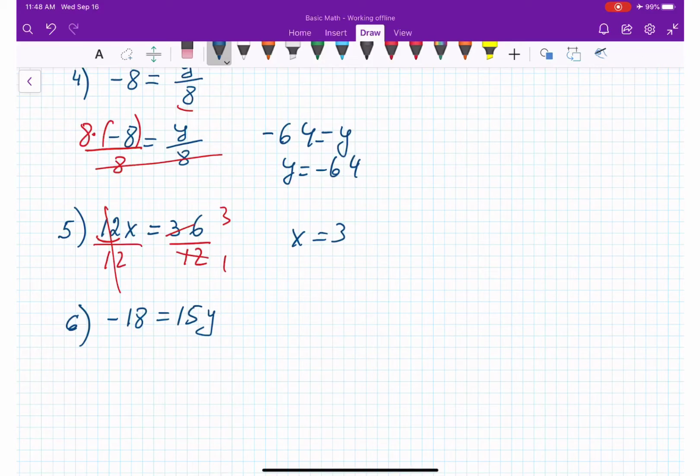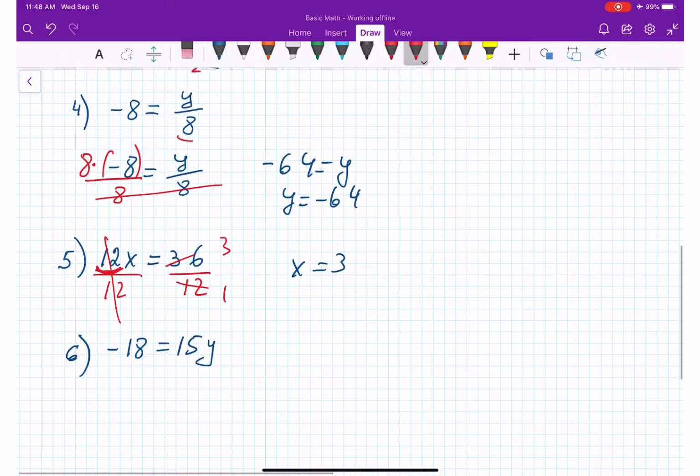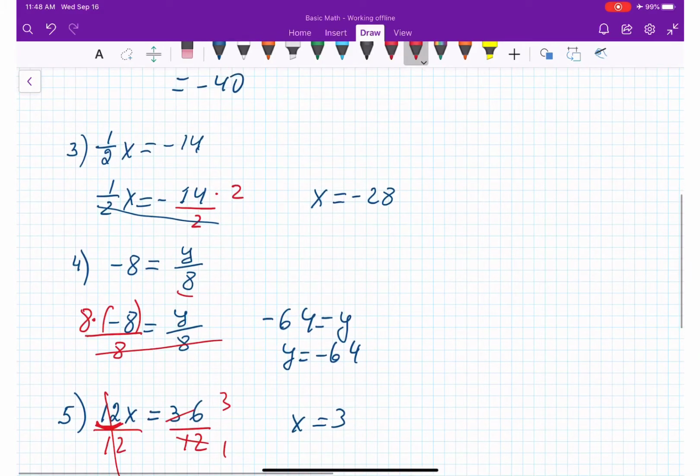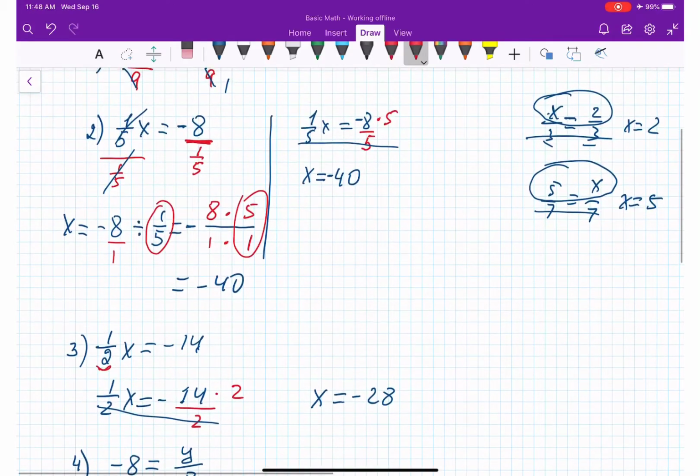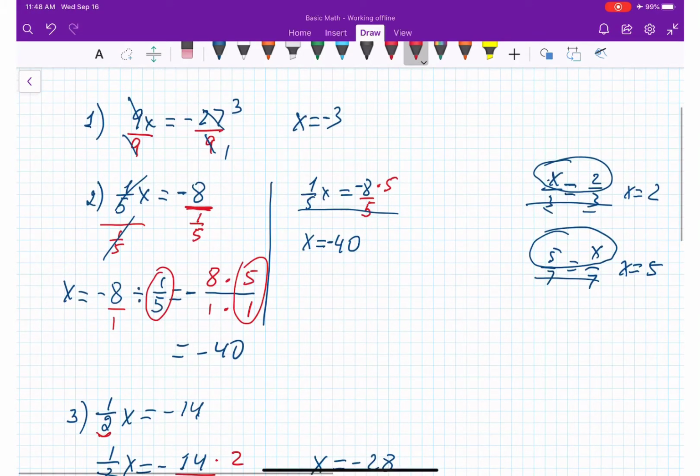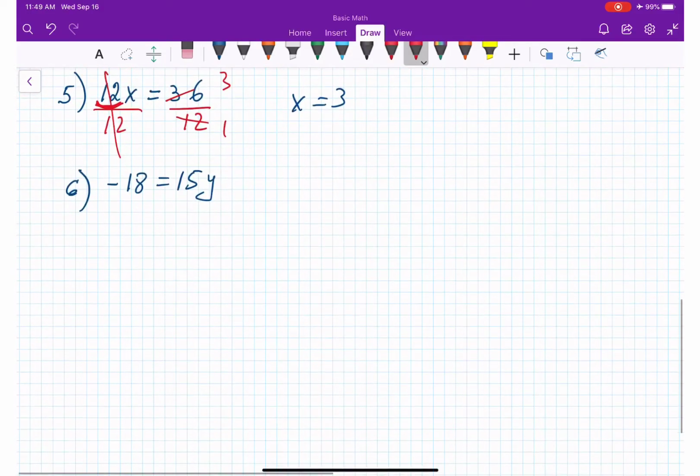So I have to divide by 15 and not 18, because, pay attention, we always divide by the coefficient of the variable. Here it is 9, okay? So if I have 15y on the right side, it doesn't change anything. I'm still going to divide by 15 because the variable is y, and I divide by the coefficient of y.